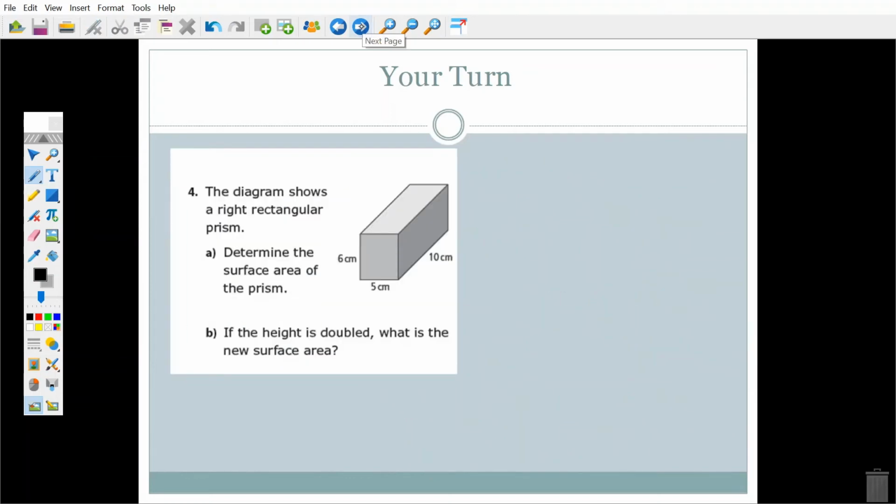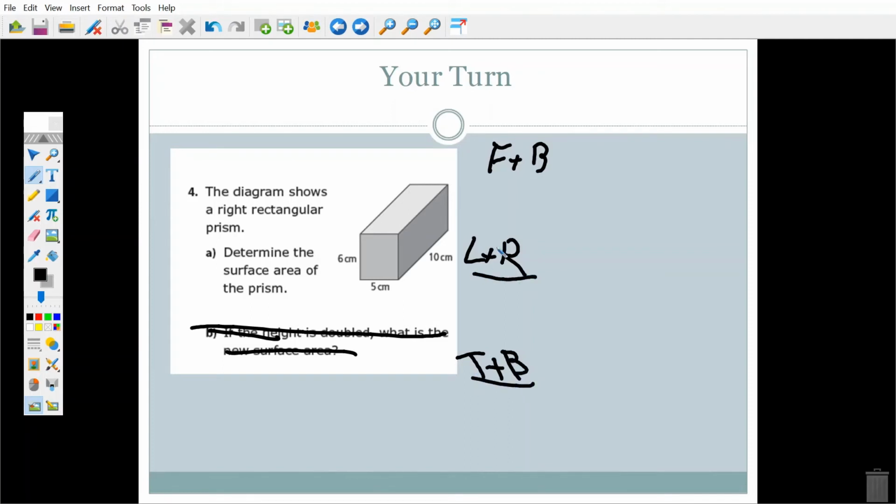All right, here's another one to try. We won't worry about part B, but give that another try finding the surface area of this rectangular prism. So once again, you want the front and back, left and right, and top and bottom. So please pause and give that a try. Here's our answer. 6 times 5 times 2 is 60.